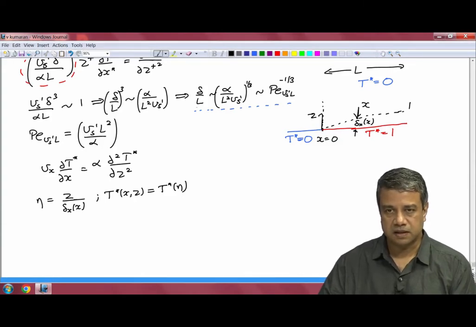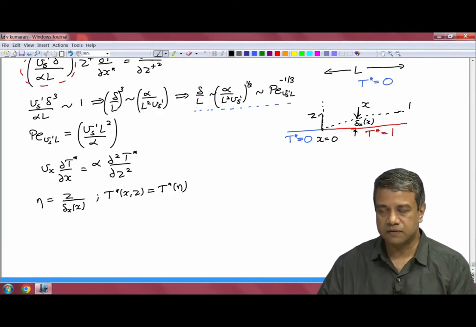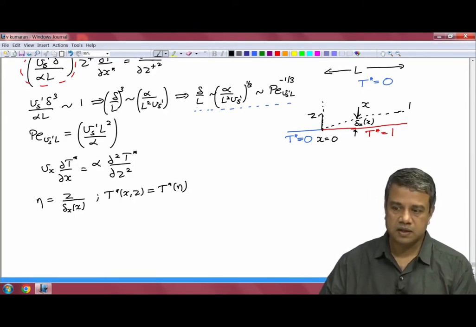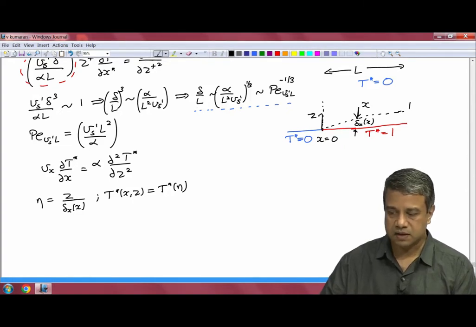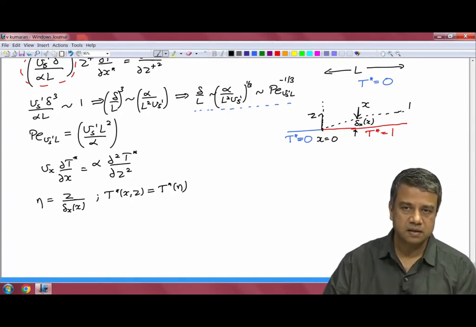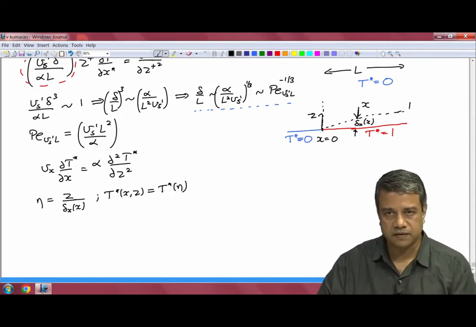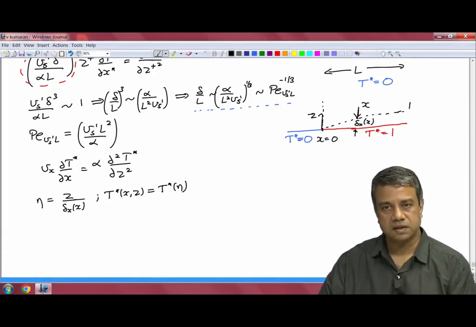Diffusion acts in both the upstream and downstream directions, but streamwise diffusion has been neglected. So, there can be no influence of the total length of the plate, which is downstream of the location x, on the boundary layer thickness at that location. Even if I changed L, the boundary layer thickness at the location x will not change. That is the physical rationale for this similarity solution.